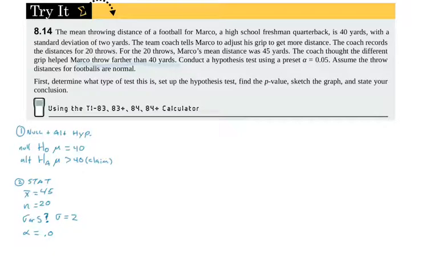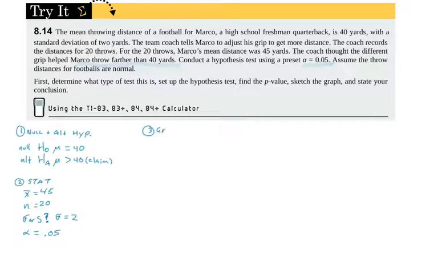But it tells us the mean throwing distance of Marco for all his football, so they're looking at his whole past record. So they're implying that the standard deviation is for the population, because it's not from a sample. It's from all of his throws together. So you want to be cautious about that. Sometimes questions are not that specific, but it is giving us sigma of 2. And our alpha we're going to use here is 0.05, so that's given.